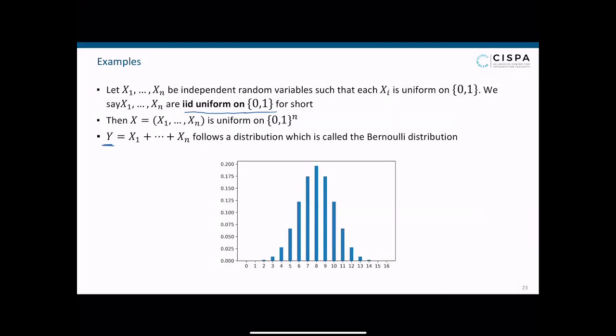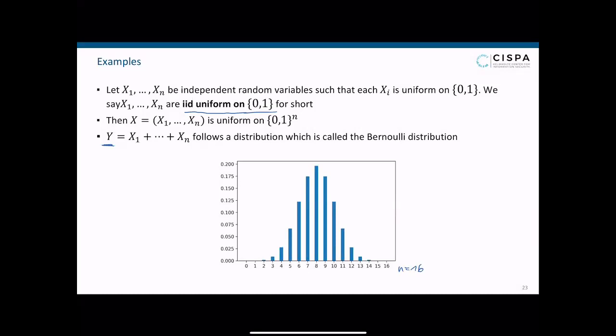And here you see an example of this distribution, I think for n equals 16. When we add up n uniformly random coins, you will get this probability distribution function.